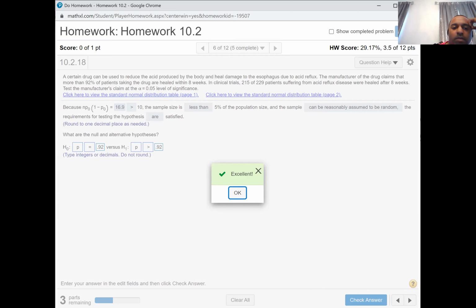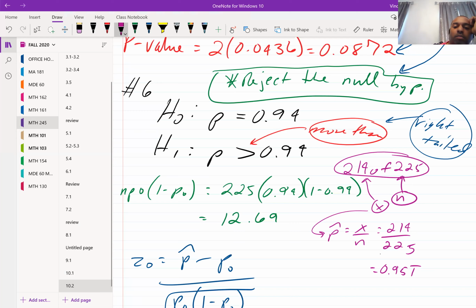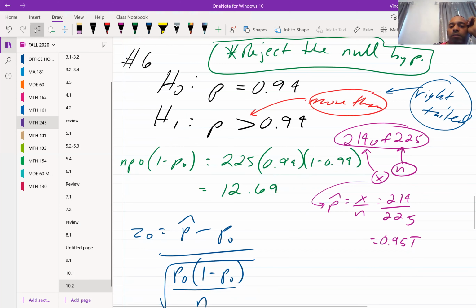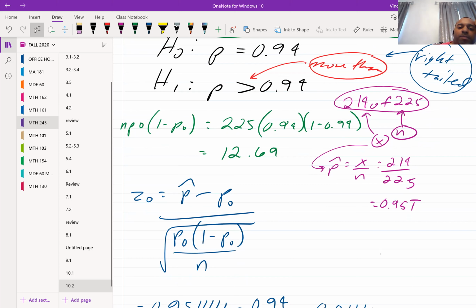And so that's that. So now let's go back to our notes, and we need our test statistic. Once again, I have different numbers than that one, but just walking you through the process. So don't forget we need P hat.